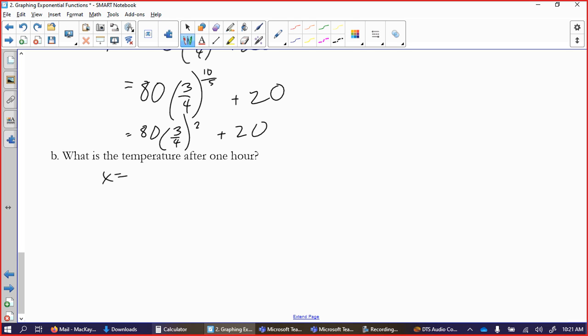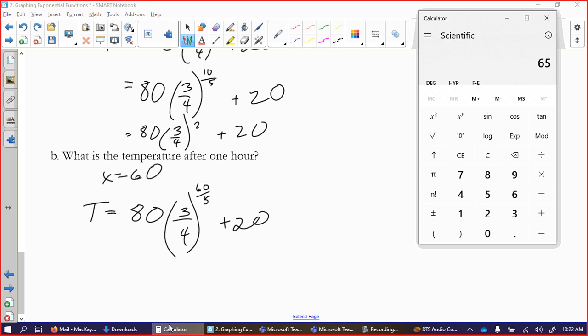This means x equals 60 degrees. Temperature equals 80, 0.75 to the power of 60 over 5, plus 20. Have confidence in yourself. 60 divided by 5 is 12.